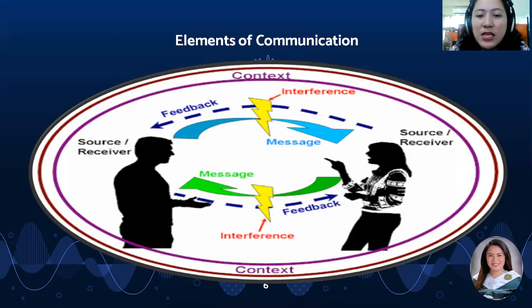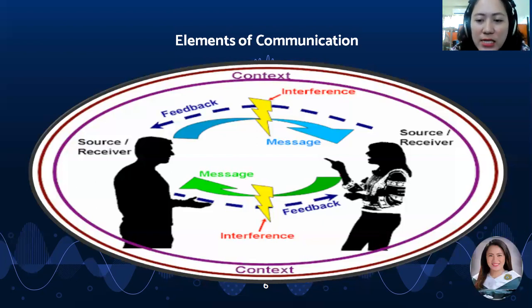So the tendency would be the message will not be perceived as intended by the sender. So the meaning of the message will not be perceived appropriately by the receiver.